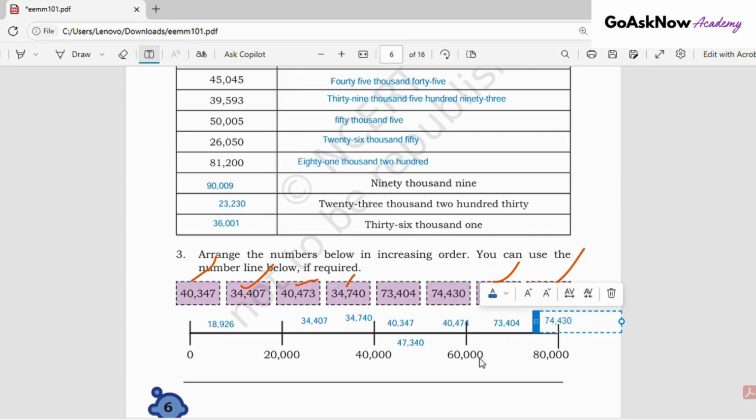This is the order. That means 18,926 is first, then 34,407 is second, 34,740 is third, 40,347 is fourth, 40,473 is fifth. Next 47,340 is sixth, 73,404 is seventh, and 74,430 is eighth. Okay.